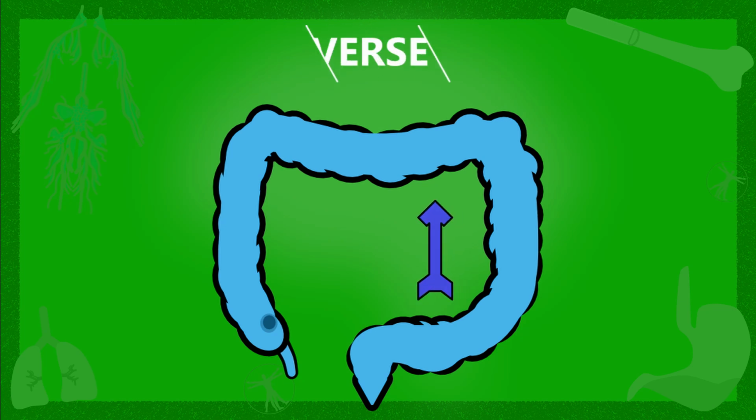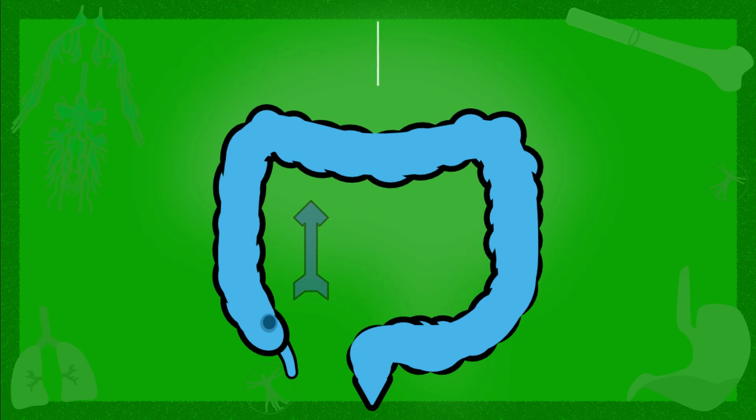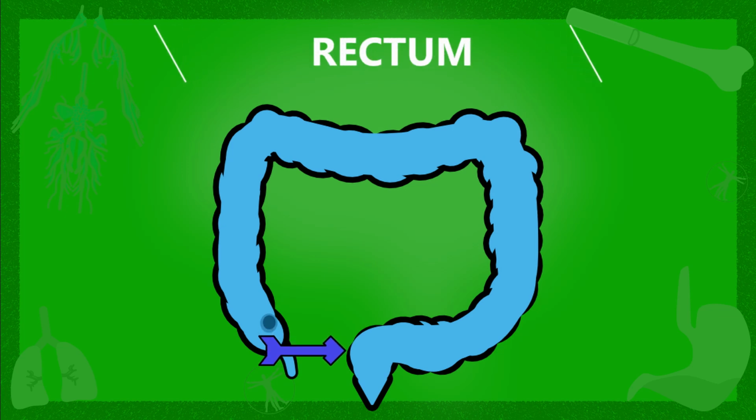The section in between is named the transverse colon because it follows the transverse plane. This squiggly section here is termed the sigmoid colon. The final short chamber is the rectum. When fecal matter enters the rectum, it's what causes the urge to defecate.